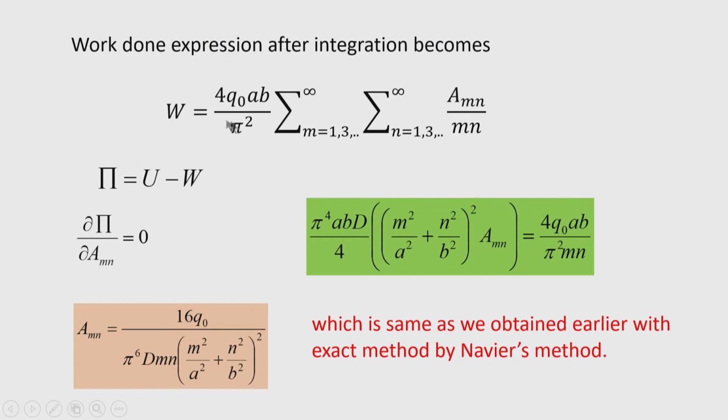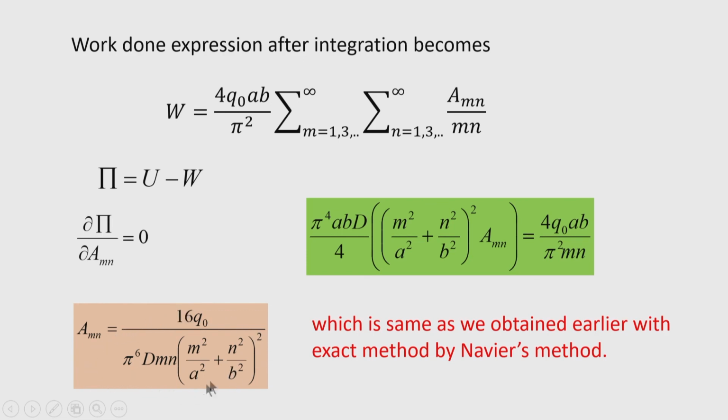So, we are getting on the right hand side 4 q naught a b by pi square and other terms, m n will be there. So, when we compare the coefficient of the like term, this is the result. From where A m n is obtained as 16 q naught divided by pi to the power 6 D m n, m square by a square plus n square by b square whole square.